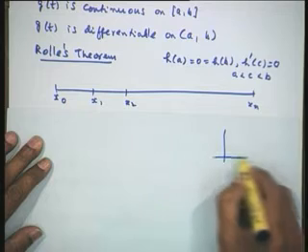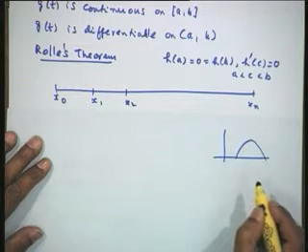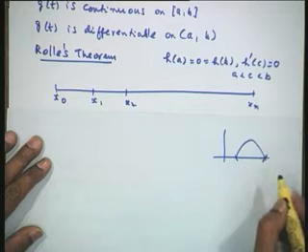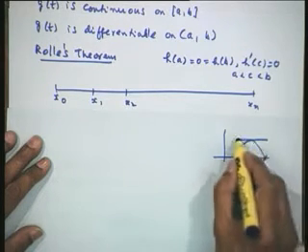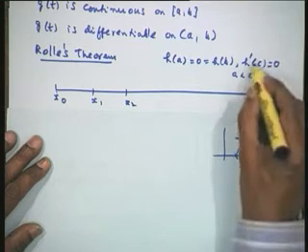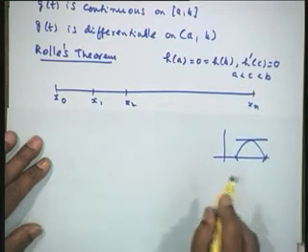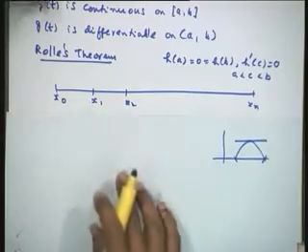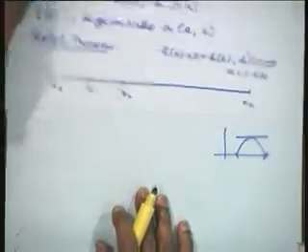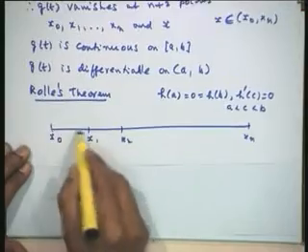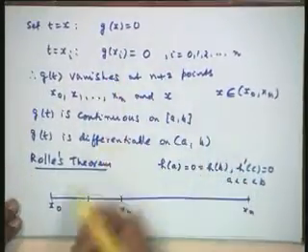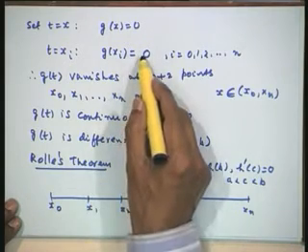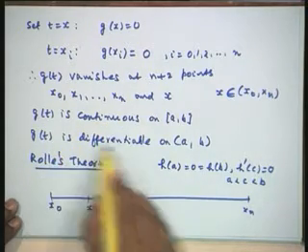If you remember what this was, this really states that if you have a function like this, h(a) is 0, h(b) is 0, then there is at least one point at which the slope of the tangent will be parallel to the x axis, h'(c) equal to 0. Now I would like to apply this Rolle's theorem on this. Looking at these two points x_0, x_1, g(t) vanishes at both, g(x_0) is 0, g(x_1) is 0, g(t) is continuous and differentiable.